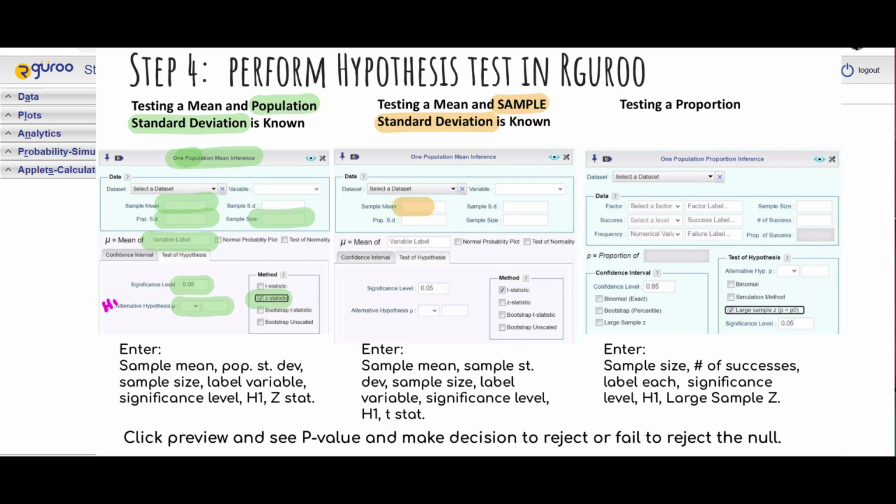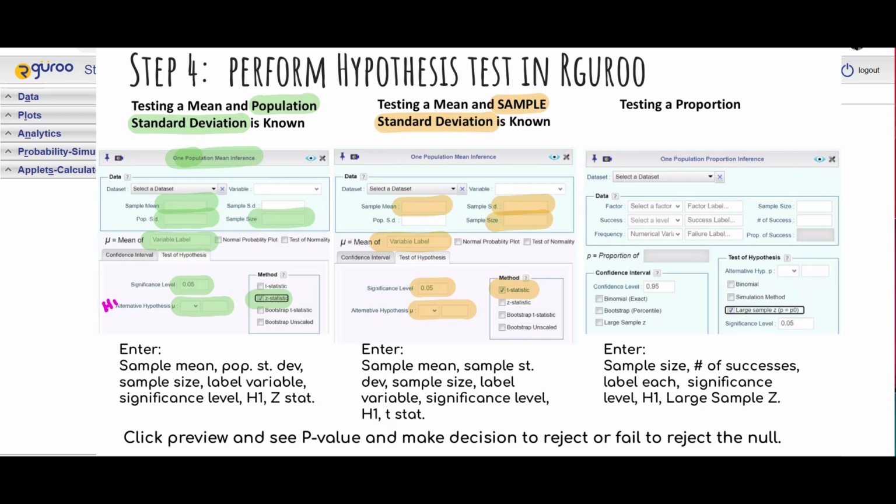The difference is you'd put in the sample mean, and instead of putting in a population standard deviation, you put a sample standard deviation and a sample size, label your mean context, and under test hypothesis, you enter your significance level, your alternative hypothesis, and you choose T statistic this time. All right, so that's the big difference there. And then you hit preview.